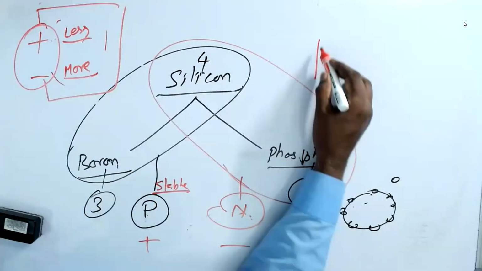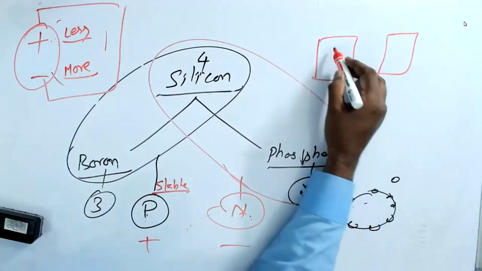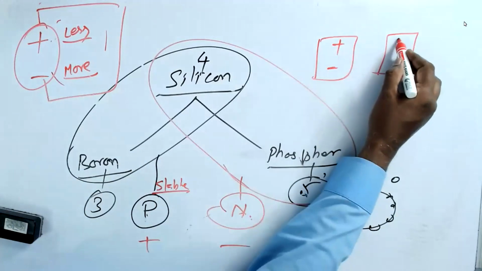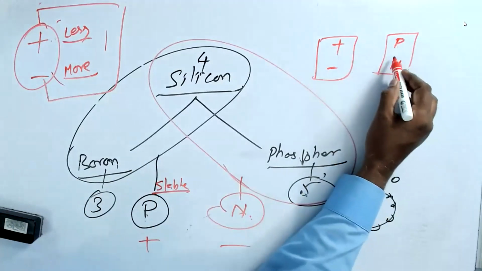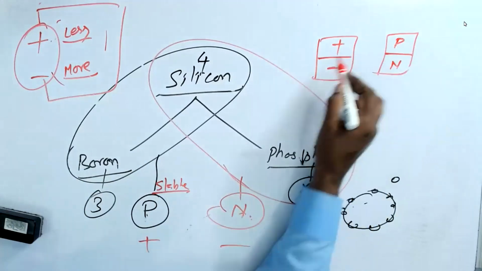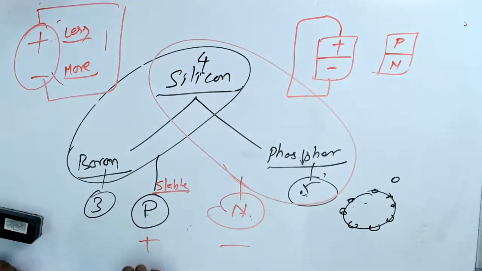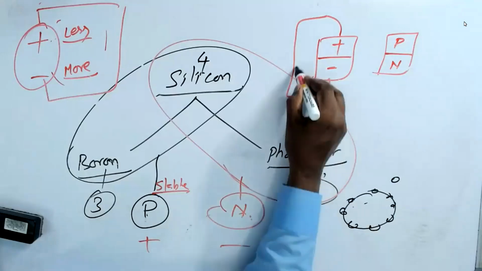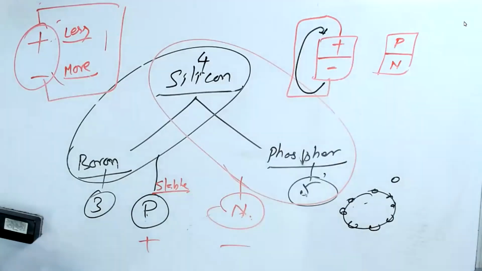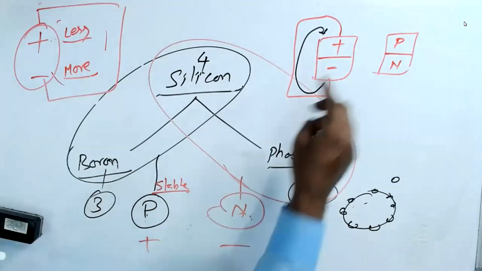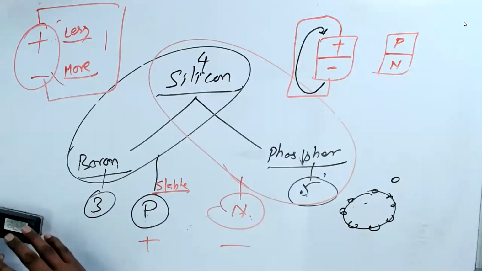Let us say I have two blocks. One is plus and minus. One is P and N. If I connect plus and minus like this, the electron will flow here, because minus means more electrons, and plus means fewer electrons compared to protons.